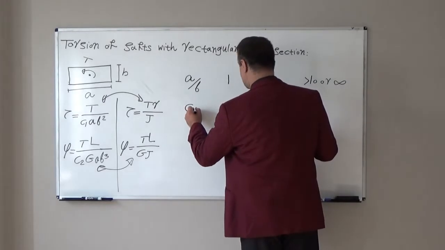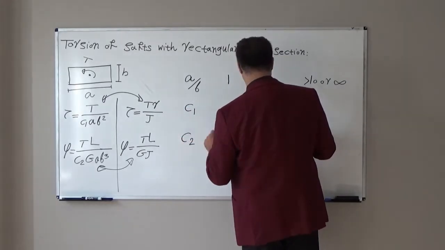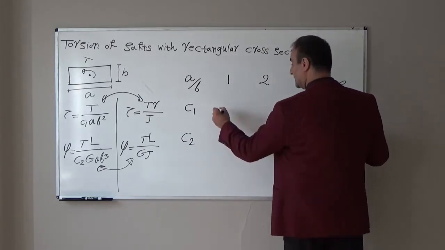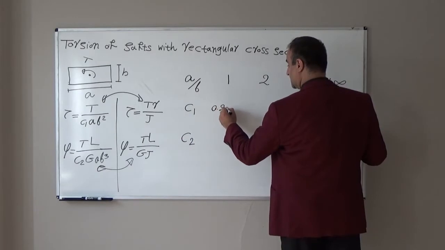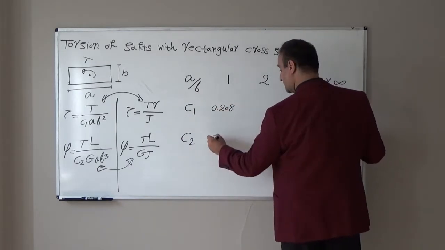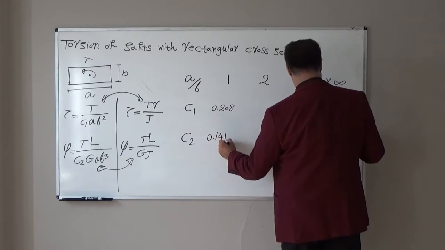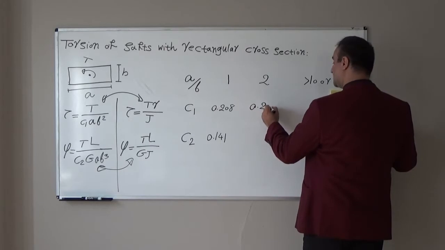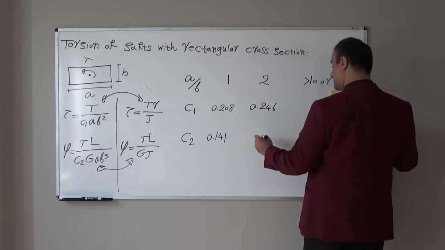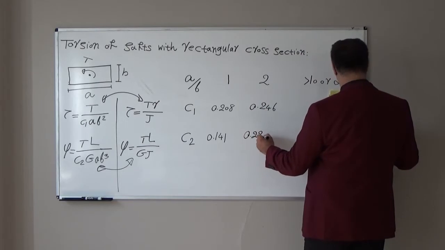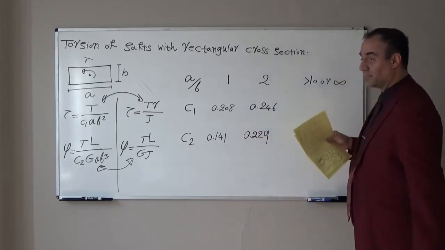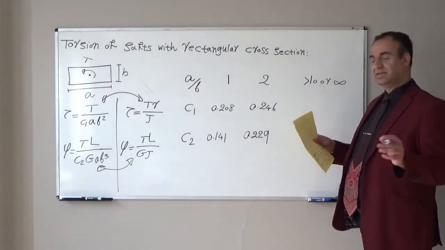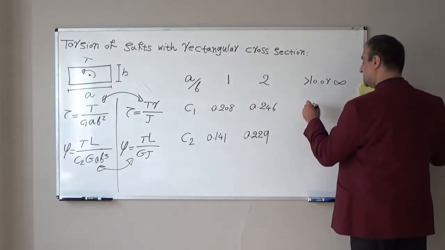Here are C1, C2. If we have a square shape, it means A over B is equal to 1, C1 is 0.208, C2 is 0.141. For ratio 2, C1 is 0.246, C2 is 0.229.